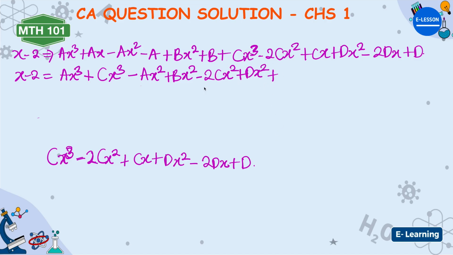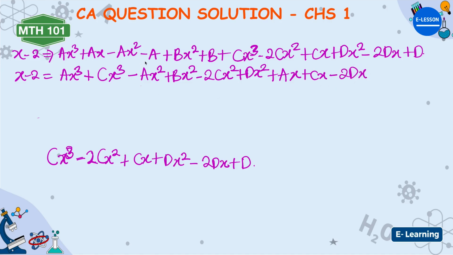Then the one that has only X, let them come together. The ones that have only X, we have AS, and then we have CX and then we have DS. So we have plus AX, all right, plus CS minus 2DX.